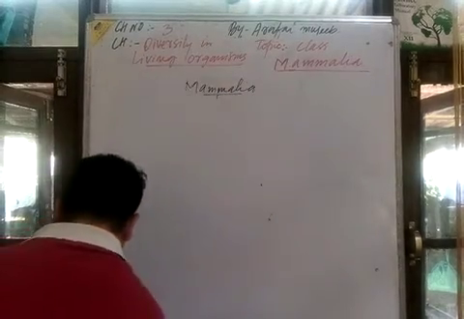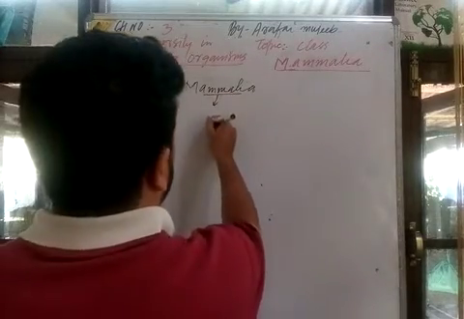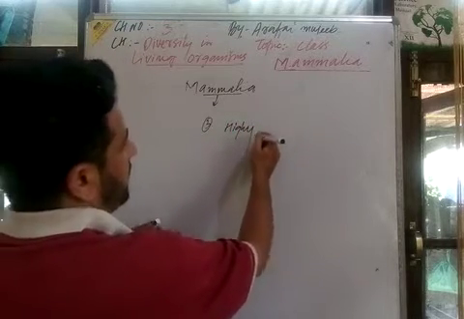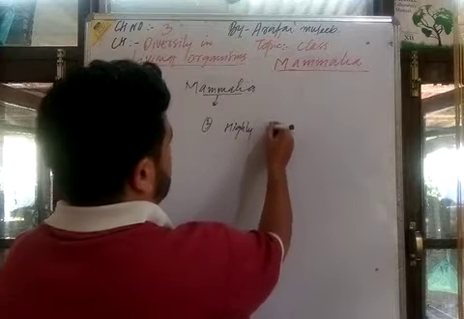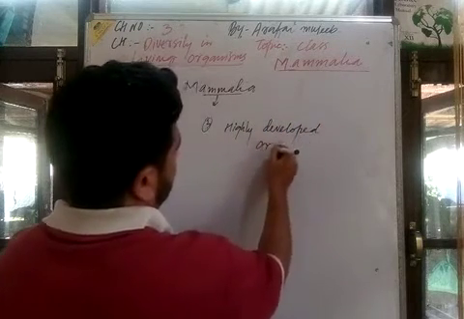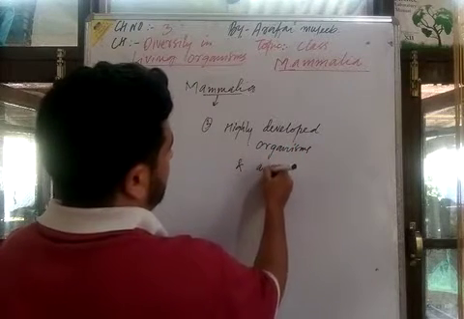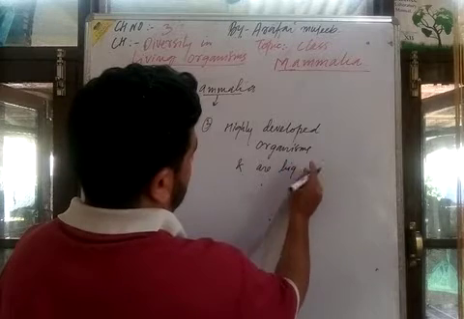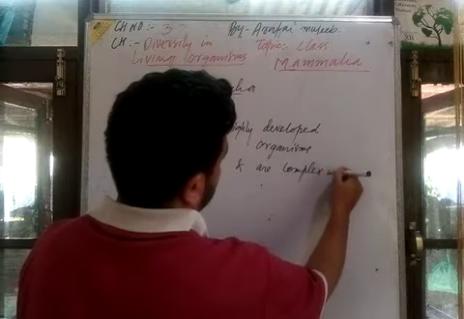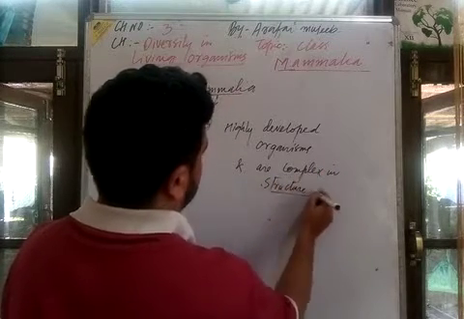Now I will take another point. I talk about the mammal, which is highly developed. Third one is they are highly developed organisms, and are complex in structure. ये complex in structure होते हैं.